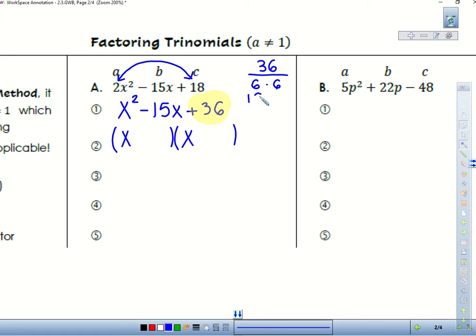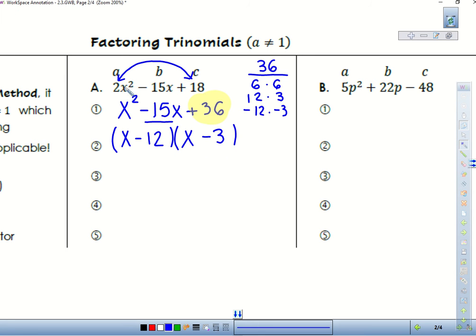Good, 3 and 12. So this one is promising, but 3 plus 12 is actually positive 15, right? So what could be an alternative? Negative 12 and negative 3. Good, negative 12 times negative 3 would give me what I need, that negative 15, right? So that's going to be negative 12 and negative 3.